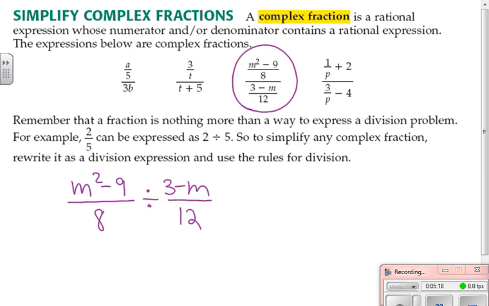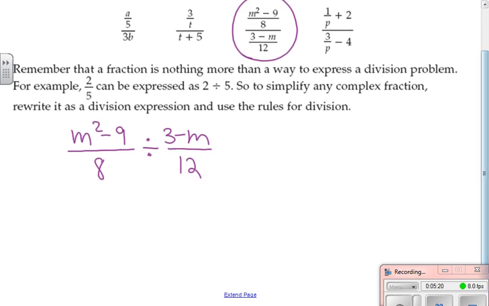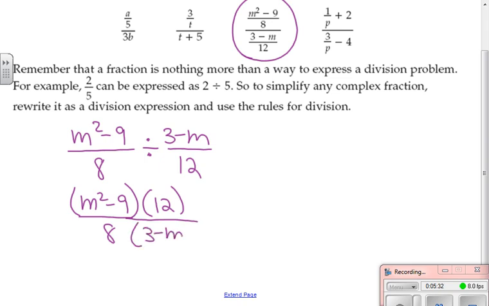It becomes very clear at that point that you can flip the second fraction. Don't forget your parentheses. And continue your factoring as normal. So don't get thrown off if they look big and scary.